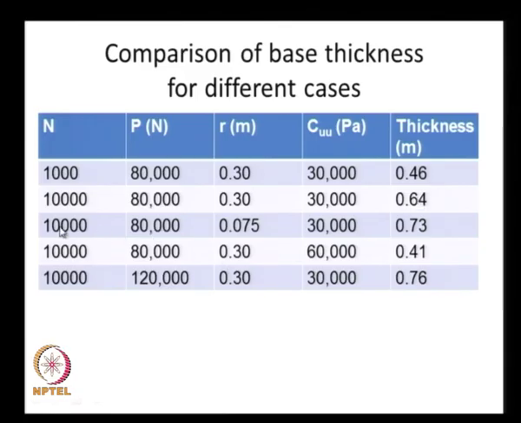Now let us keep the same number of passes as 10,000 and the axle load of 80,000, but decrease the allowable rut depth to 0.075 and Cu of 30,000 pascals. The thickness of the pavement increases to 0.73.